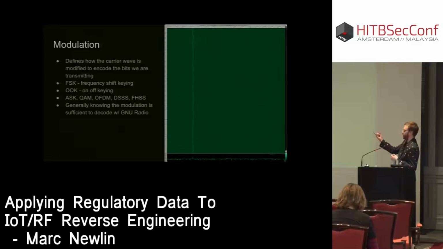You have frequency hopping spread spectrum, which is used in Bluetooth. But the gist of this is that you don't need to really understand the fundamentals of how these modulation schemes work, because in GNU Radio, you can simply drag and drop blocks which have all that abstracted away. And as long as you know what modulation scheme you need, you can turn the radio waves into bits.